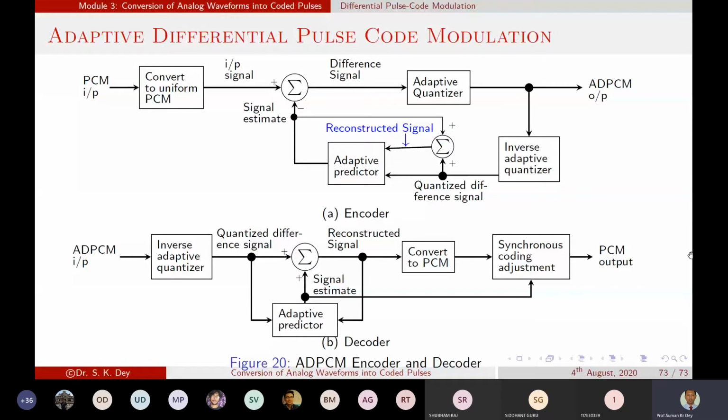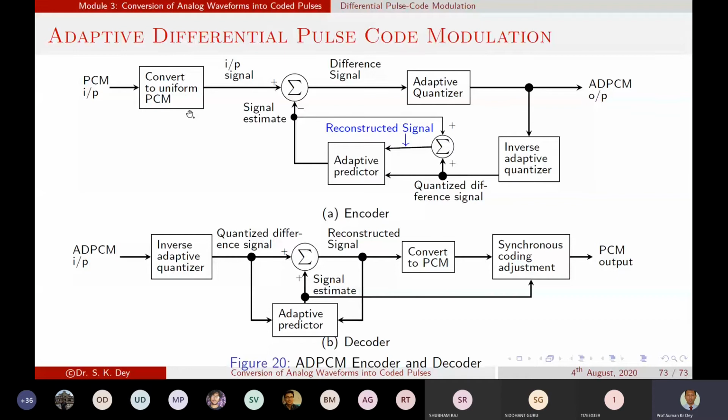How are we detecting the pulse code modulated signal? In the ADPCM encoder, the input is the PCM input, which is converted to uniform PCM and considered as the input signal.